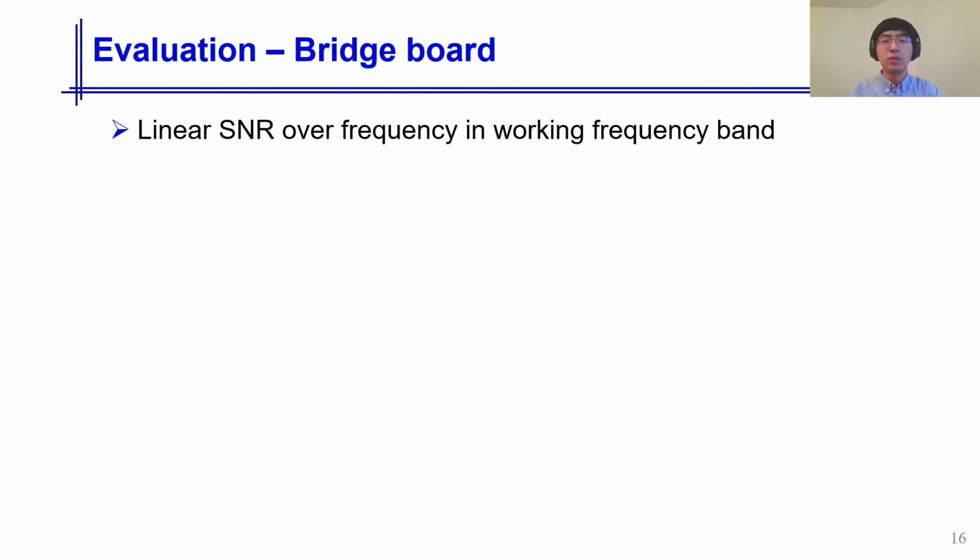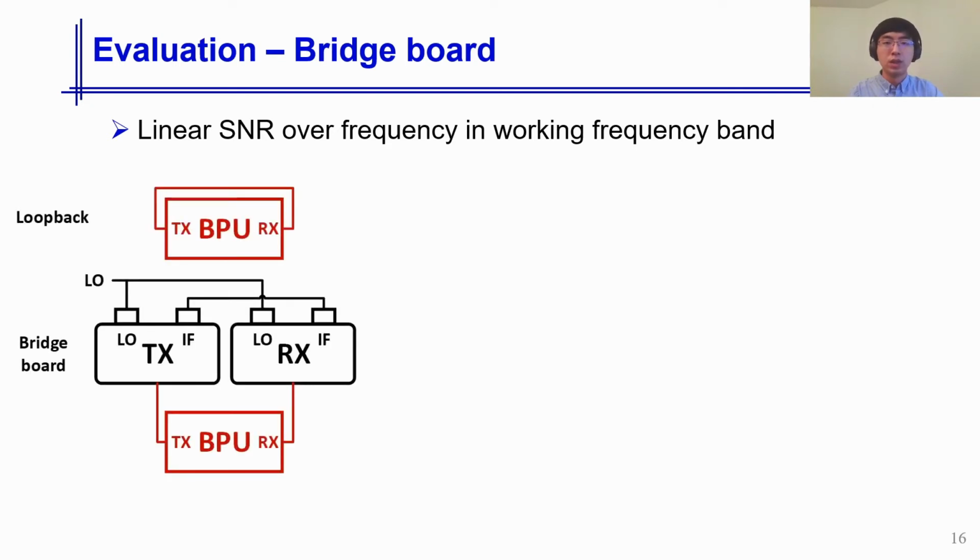One concern about the bridgeboard is whether it degrades the signal quality. We conducted an experiment to answer this question. We compare 2 kinds of connections. The first one is directly connecting the TX and RX of the BPU, which acts as the ground truth. The second one is adding the TX and the RX bridgeboard.